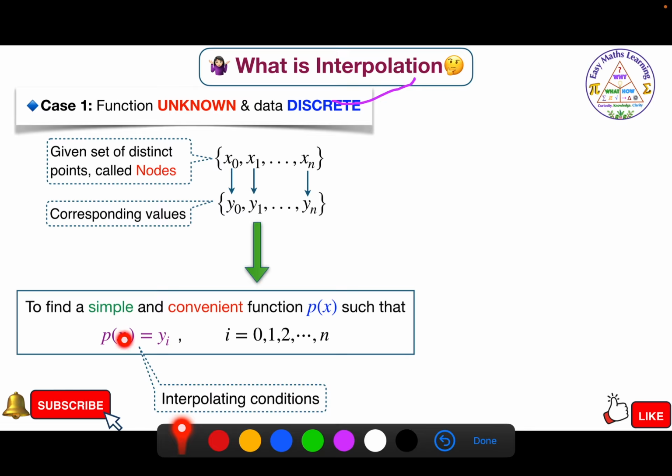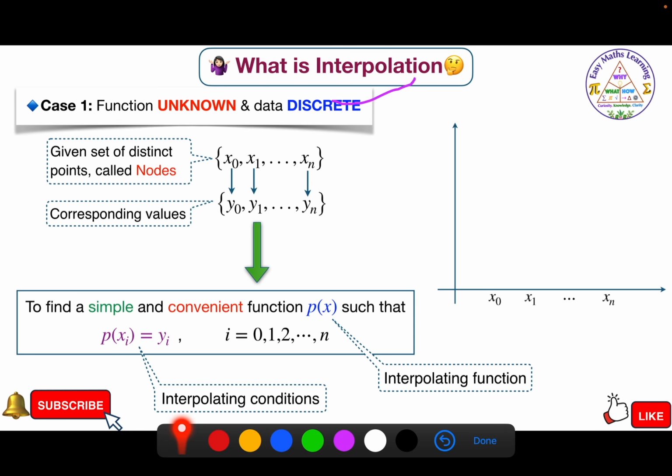Means p(x0) equal to y0, p(x1) equal to y1, and in similar way we can say p(xn) should be yn.